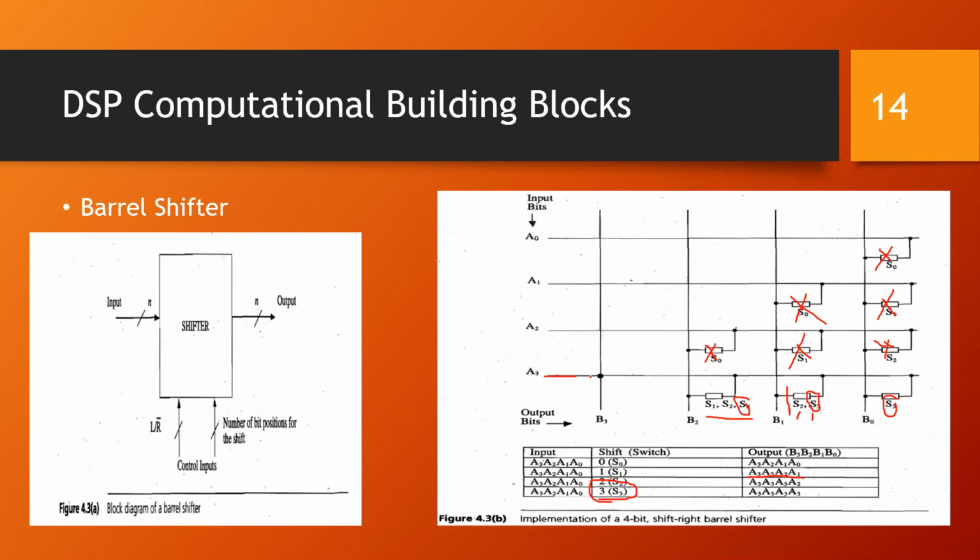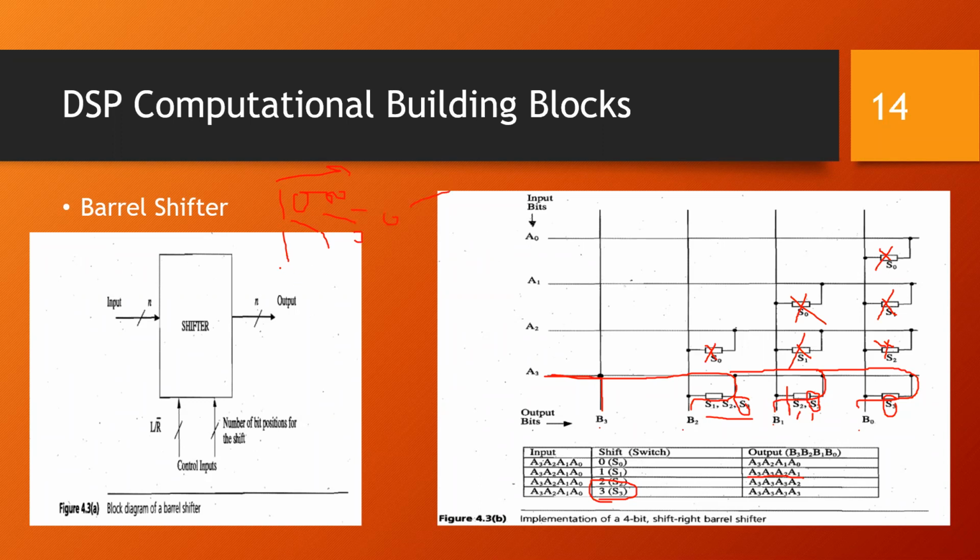So what happens is, the A3 bit will be coming in B3. Because there is a connection over here, it will be coming in B2, B1, and lastly in B0. So it will be A3, A3, A3, A3. So again, I just specify, if I want to shift this one by 3 bits towards the right, I'll retain this bit, then I'll shift in 0 and 0.